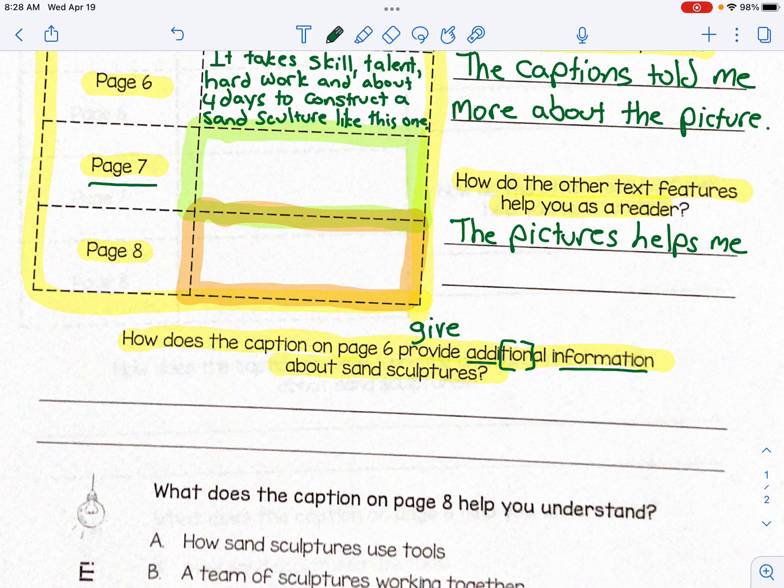So let's go ahead and restate it. The caption provides information about.